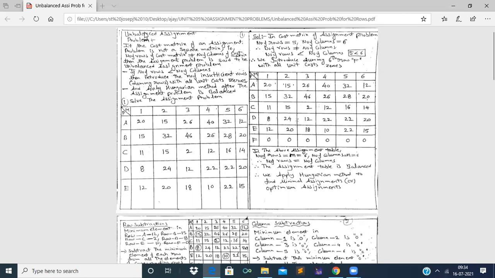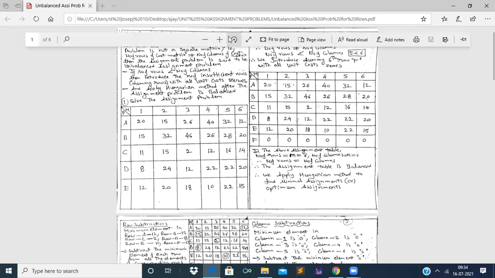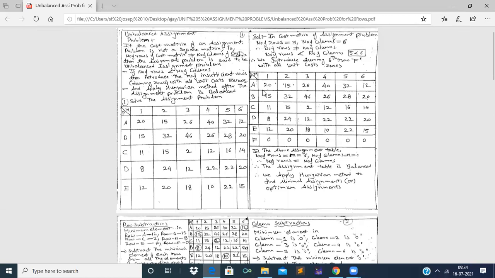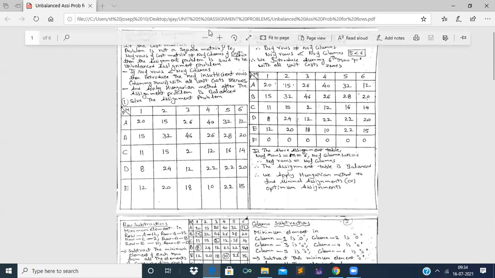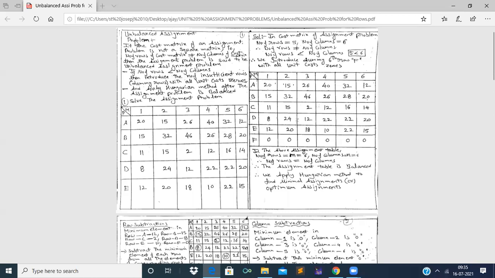It is visible. Okay. Now I'll start the explanation. Right. So, what is an unbalanced assignment problem? See here, it is written here.